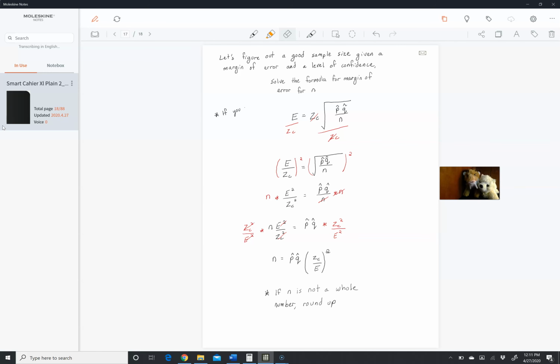If you don't have a p-hat, so maybe you didn't start out with an estimation, then use p-hat equal to 0.5. It's going to give you a much larger sample. You're going to have to use a much larger sample, but you can use p-hat equal to 0.5. Okay.